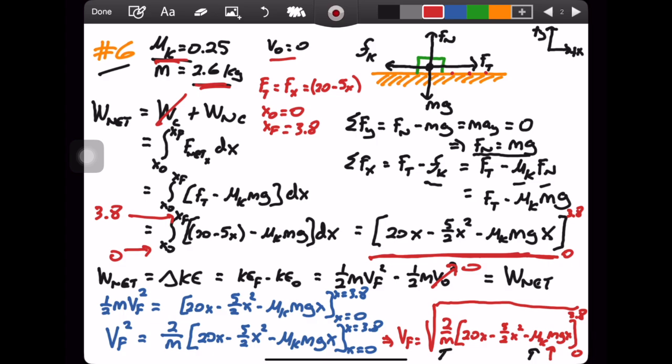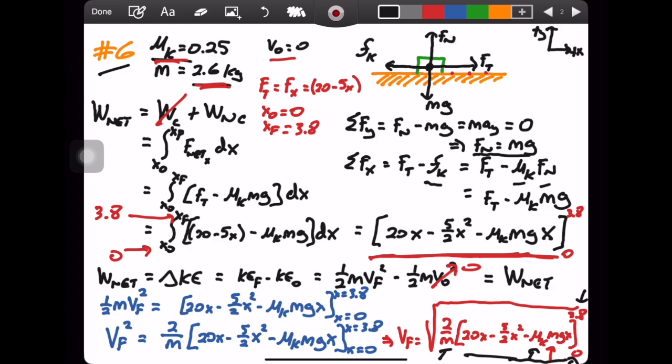And just one more time, I just want to be careful here. This term that you see in brackets here, you see how there's this 3.8 and there's this 0. To evaluate that, you have to first plug in 3.8 every time you see x, and then from that number you subtract plugging in 0 every time you see x, which simplifies, because in this case, if you plug in 0 every time you see x, it completely vanishes.